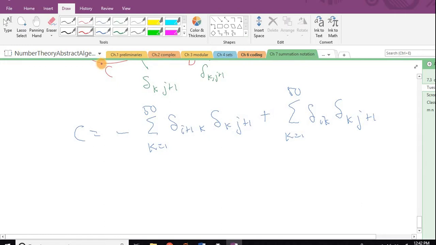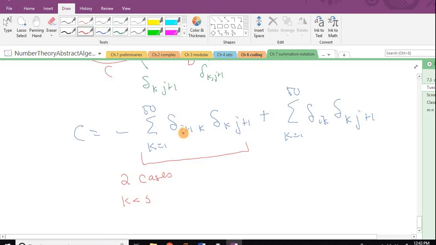So in effect, that is equal to 0. Well, that's exactly right. So you do have two cases here. Here you have where k is less than 50. No, I and j are less than 50. No, you're right. It's I and j is less than 50.